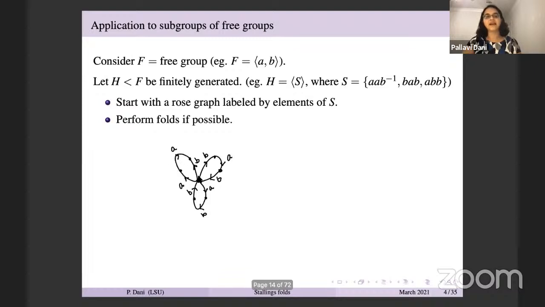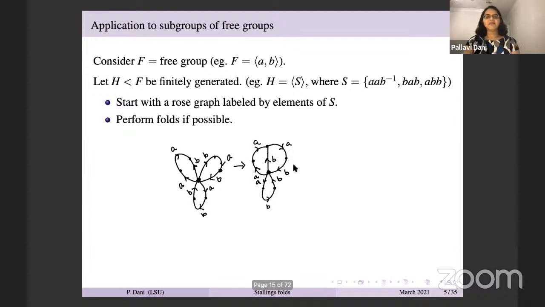As I read along this loop, for example, I read the label with +1 exponent if I travel in the direction of the arrow, and -1 otherwise. So here this would be A followed by A followed by B inverse, which is the first generator here. And the other two loops are labeled by the other two generators. Now that I've drawn this graph, I can see immediately that at this central vertex I have two edges labeled B that are pointing outwards. And so there's a fold that I can do, and so I do it.